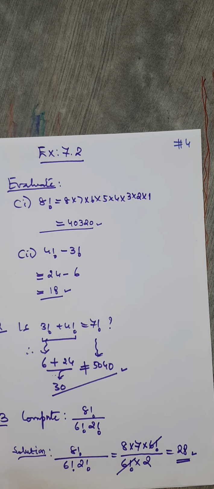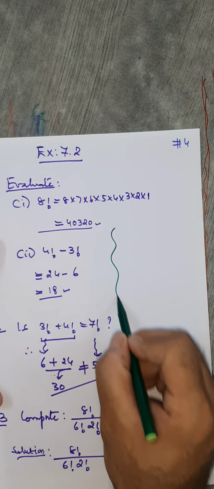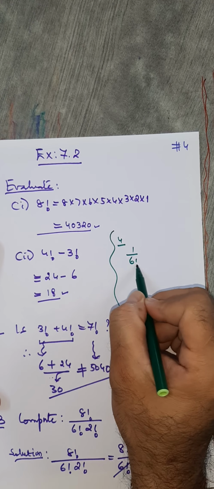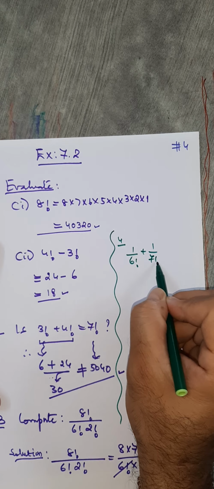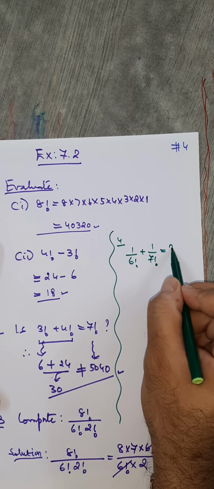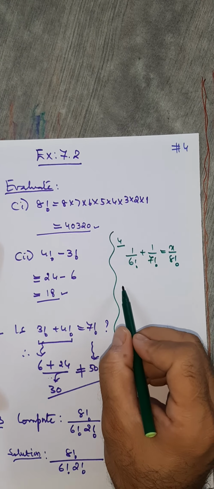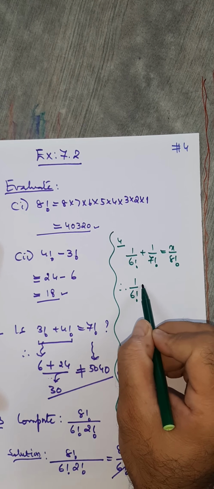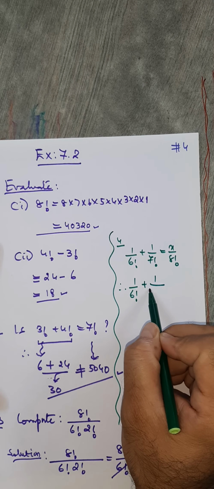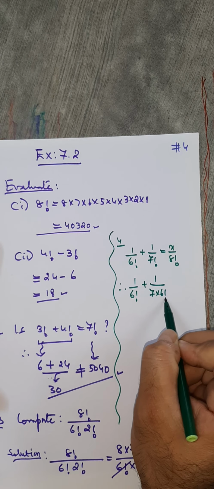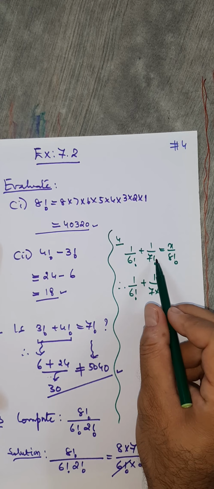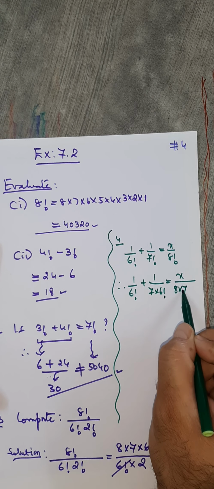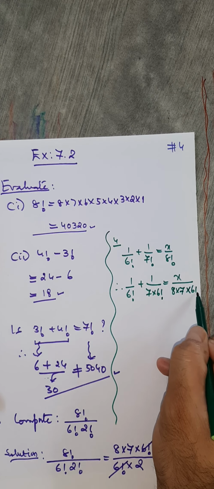Question number 4 here. 1 upon 6 factorial plus 1 upon 7 factorial equals x by 8 factorial. So what do we do? We reduce each of these into a smaller factorial. 1 by 6 factorial as it is. 7 factorial you can write as 7 into 6 factorial. 7 into 6, you stop and write the factorial. What about 8 factorial? 8 into 7 into 6 factorial.